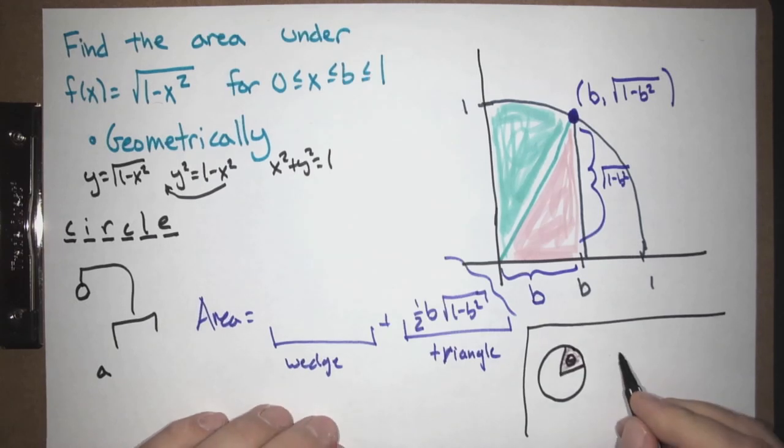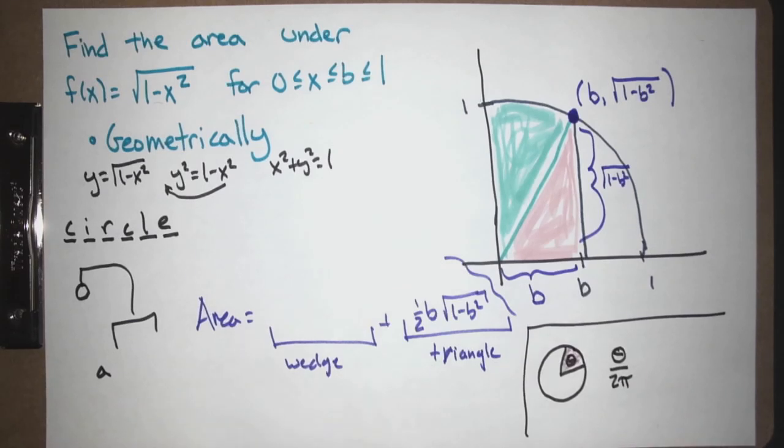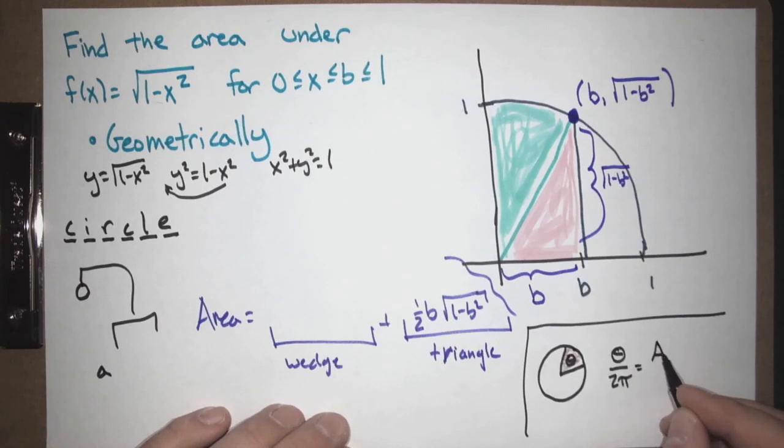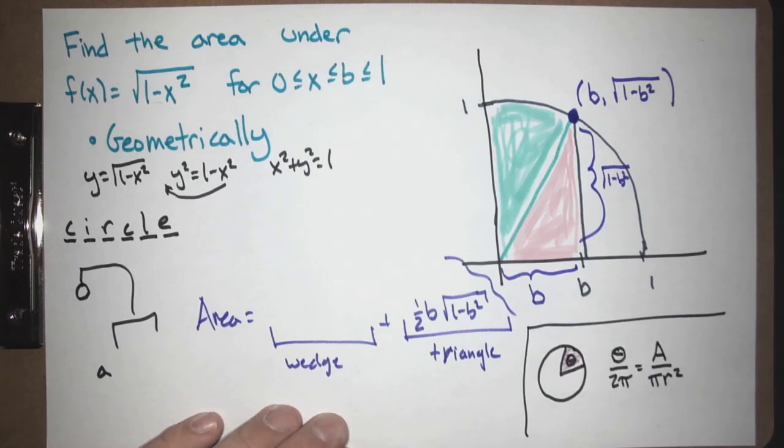Well, if you take the angle and divide by going all the way around, that's the fraction of the circle that you have. That's the same as the fraction of the area there is in a whole circle. So if you move the pi r squared across, you get that area is equal to 1/2 r squared theta.